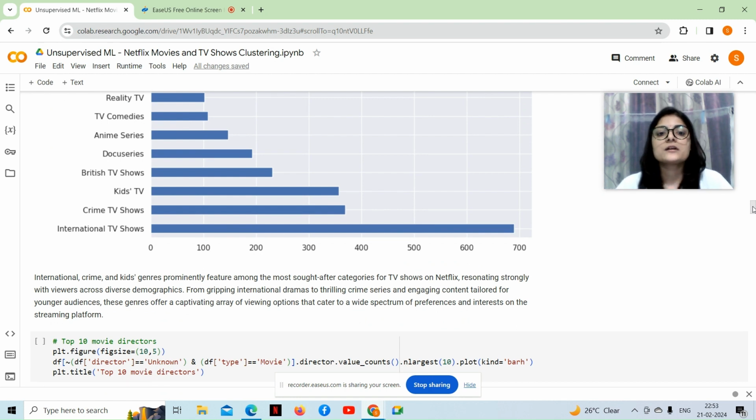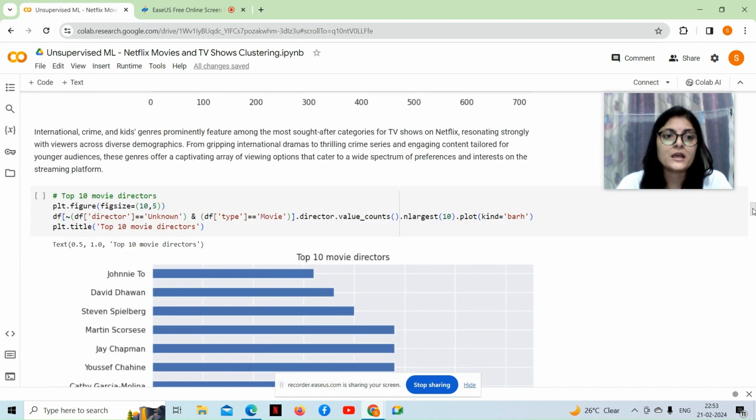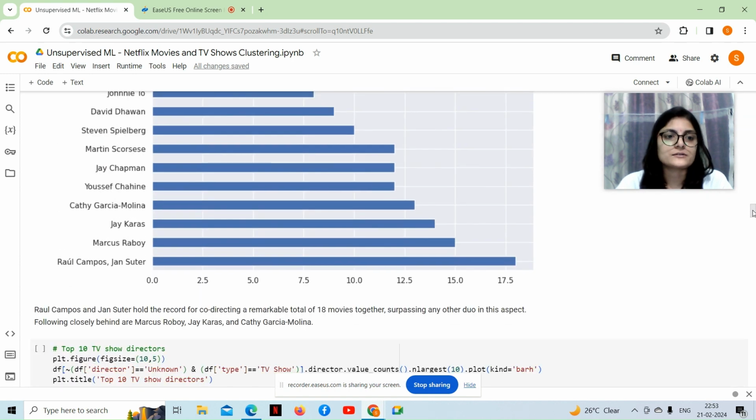They are among the most sought after categories for TV shows on Netflix, resonating strongly with viewers across diverse demographics, from gripping international dramas to thrilling crime series and engaging content tailored for younger audiences. These genres offer a captivating array of viewing options that cater to a wide spectrum of preferences and interests on the streaming platform.